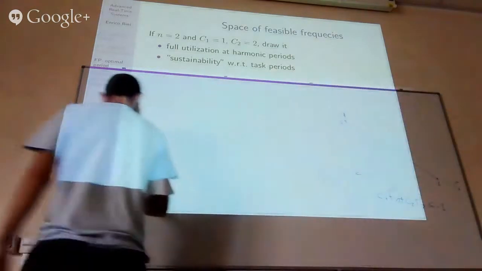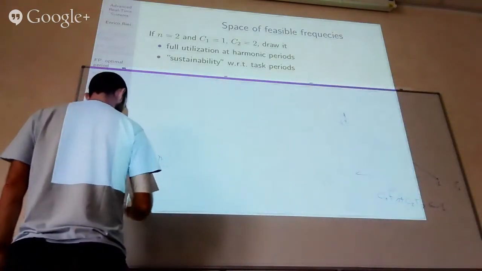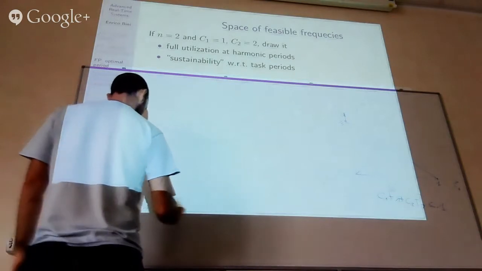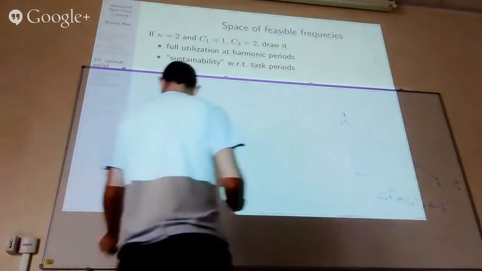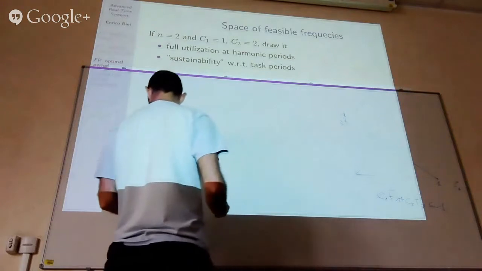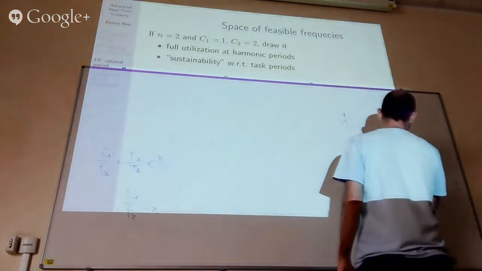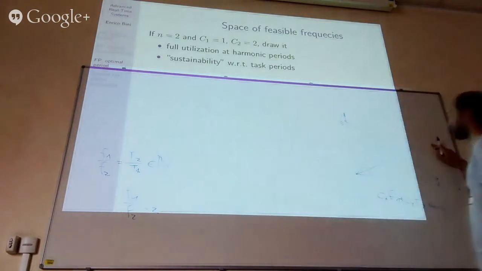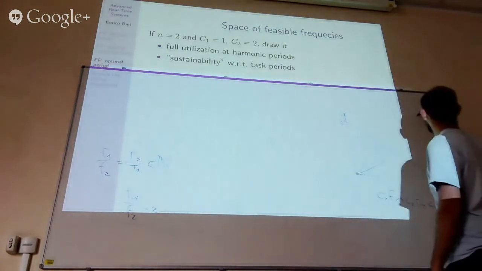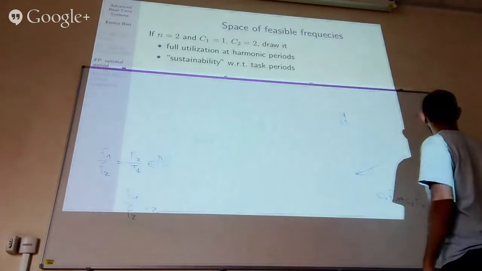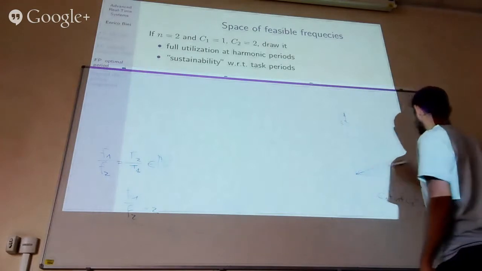So we have F1 over F2 equals 2. So over here, on a slope 1/2, this is the slope 1, here's slope 1/2, here's slope 1/3.